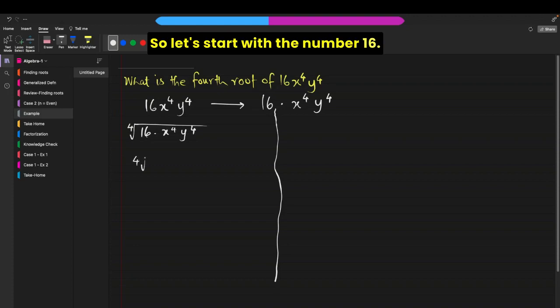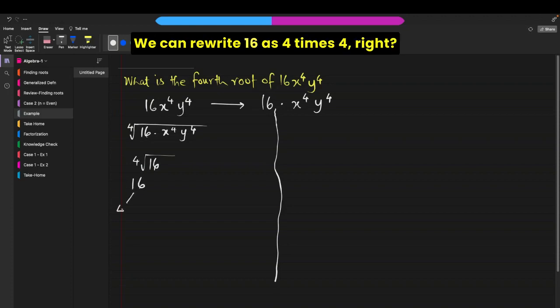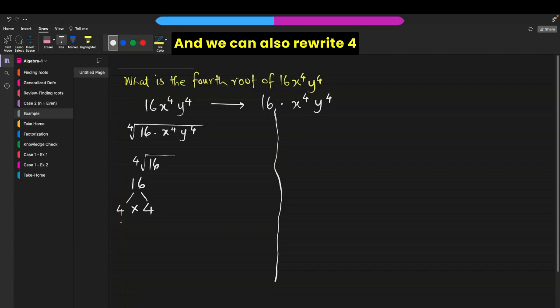So let's start with the number 16. Let's prime factorize. We can rewrite 16 as 4 times 4, right? And we can also rewrite this 4 as 2 times 2. This 4 as well, we can rewrite as 2 times 2.